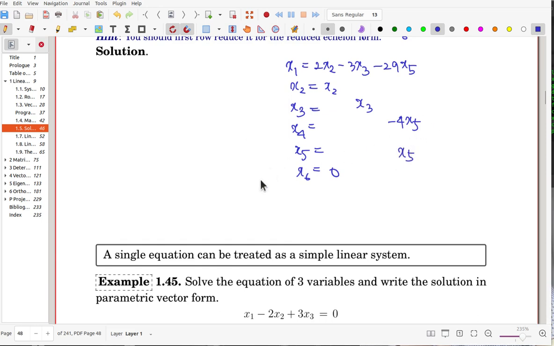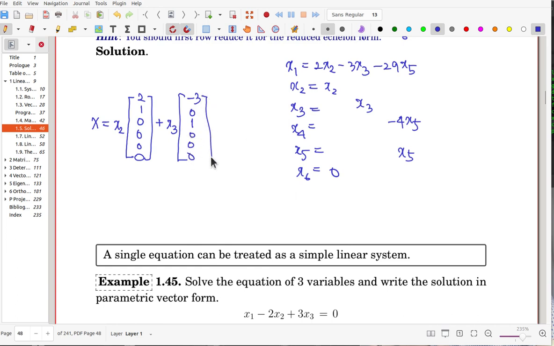So from this one, let's try to write down the solution. The solution x is, for the free variable x2, the vector must be 2, 1, 0, and all the way down 0. For x3, the direction must be minus 3, 0, 1, and then again all the way down 0 values.